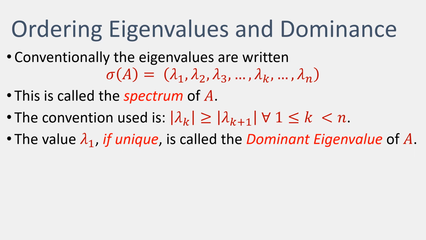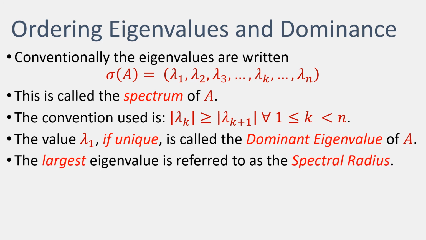If we want to distinguish the case where there is a single unique largest eigenvalue, this is referred to as the dominant eigenvalue of the matrix. The largest eigenvalue, whether it's dominant or not, is referred to as the spectral radius.